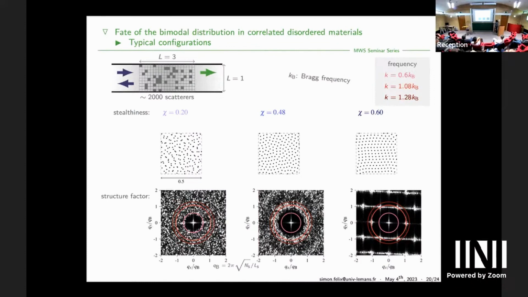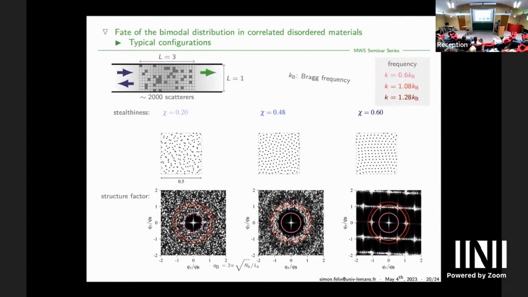And for larger frequencies, for larger wave numbers here, I go back to the classical diffusive medium described by this quite isotropic distribution of values for the structure factor. And the medium will behave as diffusive and isotropic.